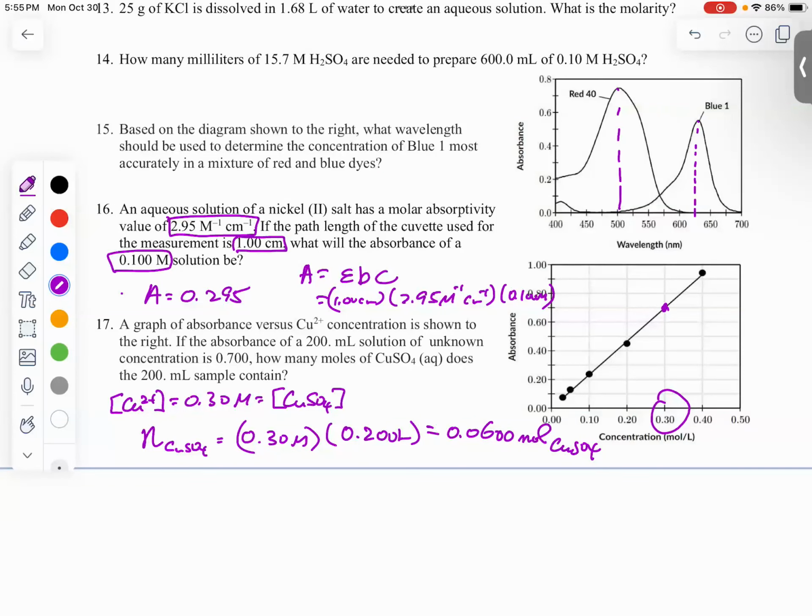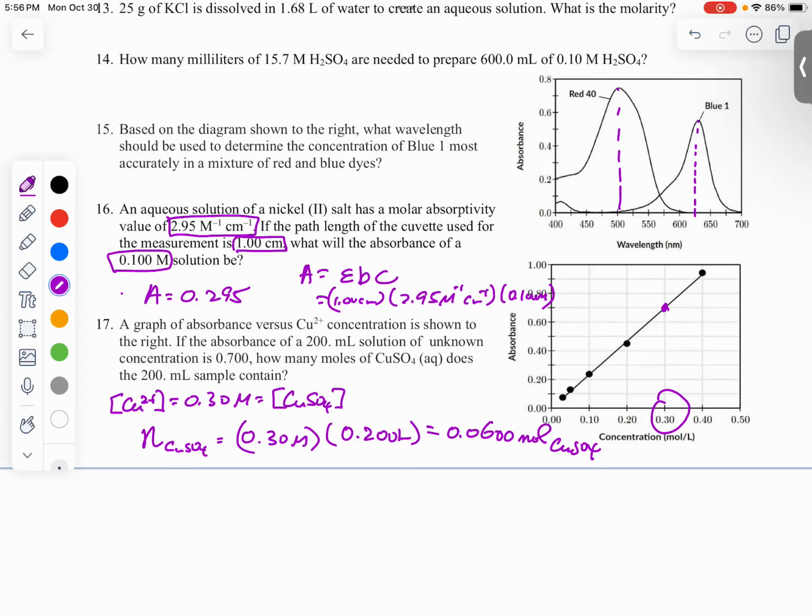Now, if it's more than the line, then it's likely to be caused by maybe grease because it absorbs more than expected. Yeah, the smudges on the cuvette. That one makes sense if it's absorbing more. But why is using too much stock solution or too little water?